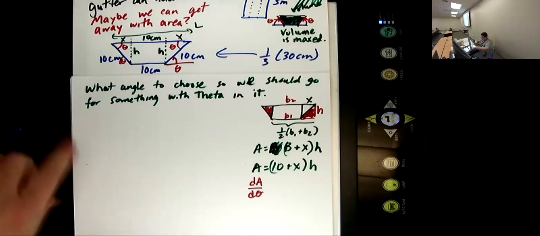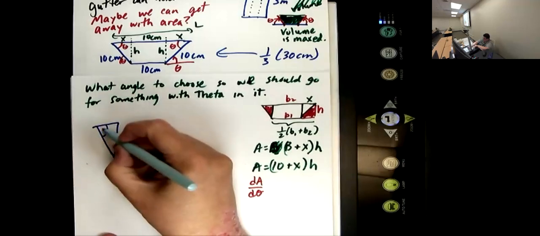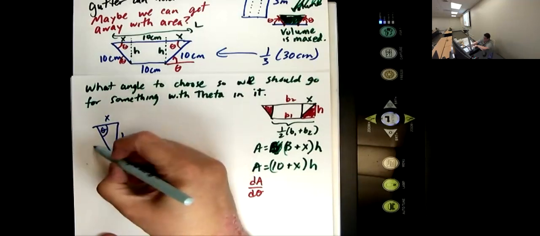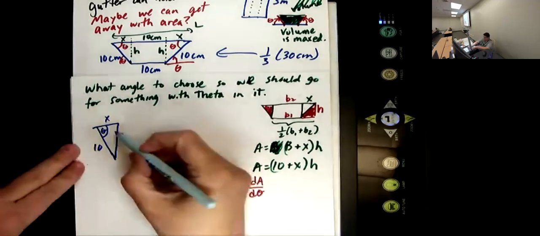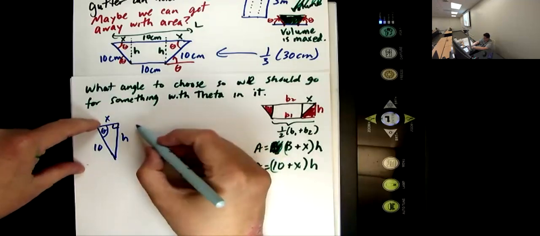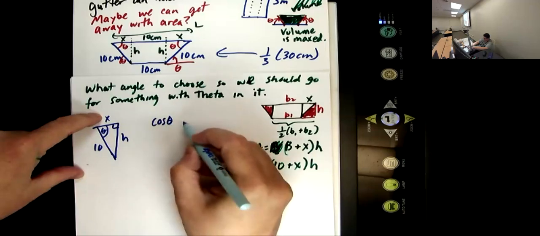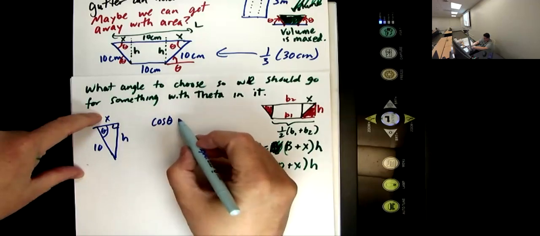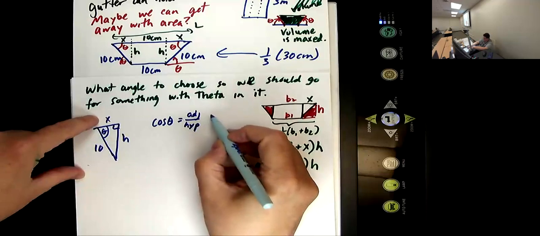Actually, we got that triangle, don't we? I can find X and H in terms of theta. That's my right angle there. It doesn't look like it, but in terms of theta, X is, if we do cosine theta is adjacent over hypotenuse, which is X over 10.